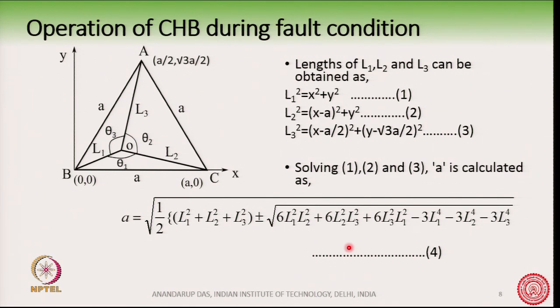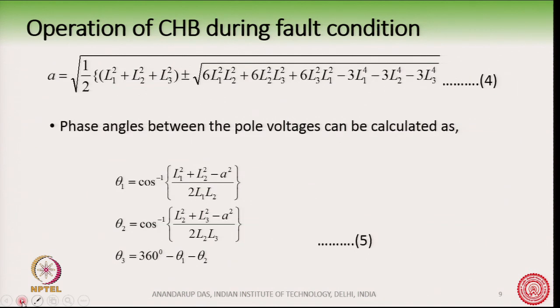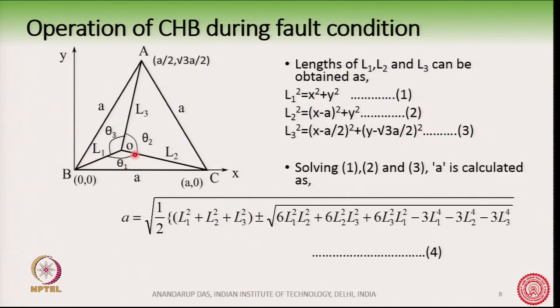If we see this expression, additionally we can also obtain the phase angle between the pole voltages. This theta 1 is this one, theta 2 this one, theta 3 this one; these are the angles needed by the pole voltages.